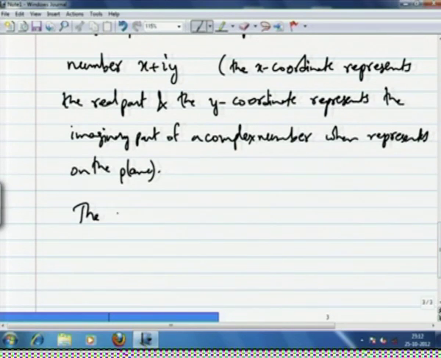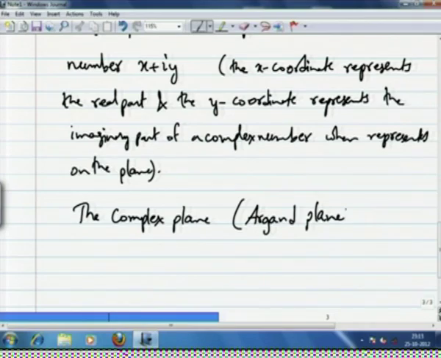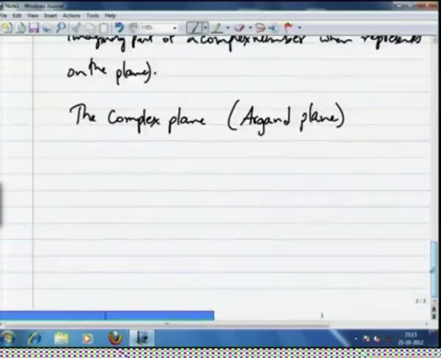So, we will call this plane the complex plane often. This was introduced by the mathematician Argand, and this is also called the Argand diagram or the Argand plane. We often denote the set of all complex numbers by this kind of C.